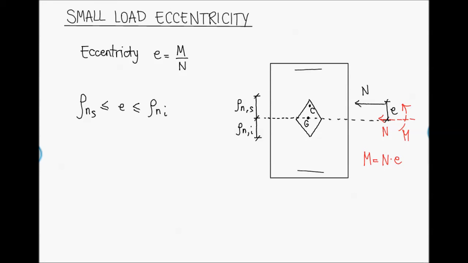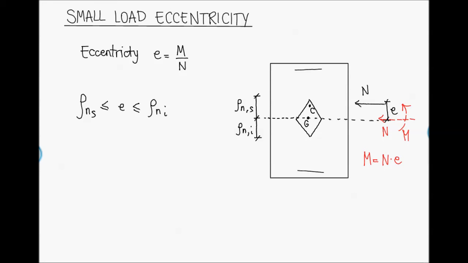So the point of application of the axial force falls within the central core of inertia. So in this case, the neutral axis is external, or at limit coincident with an extreme fiber of the cross-section. In this situation, the axial force is a compressive axial force, so the cross-section is fully resistant.